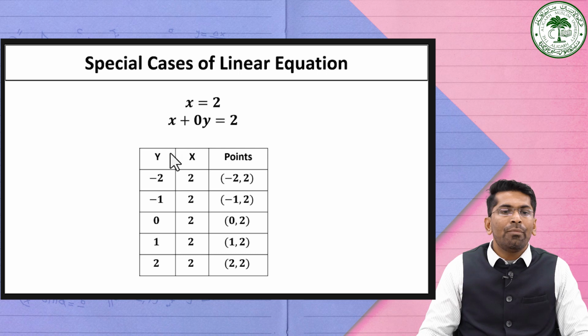By assuming different values for y, that is minus 2, minus 1, 0, 1, 2, we are getting the same answer, that is x is equal to 2. So the solution of x plus 0y is equal to 2, by assuming various values of y, gives x is equal to 2. So the points here are minus 2, minus 1, 0, 1, 2 for y and 2 for x.